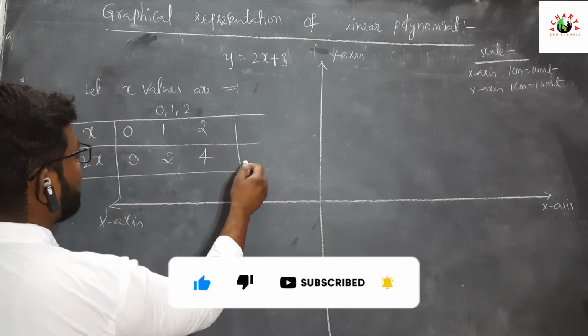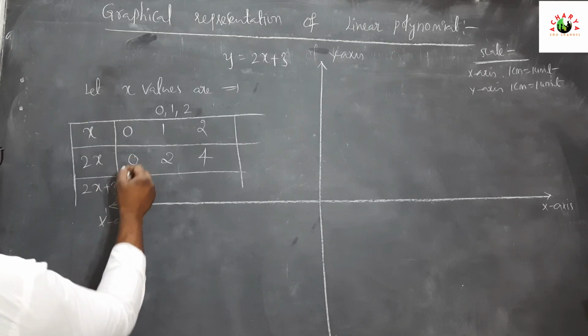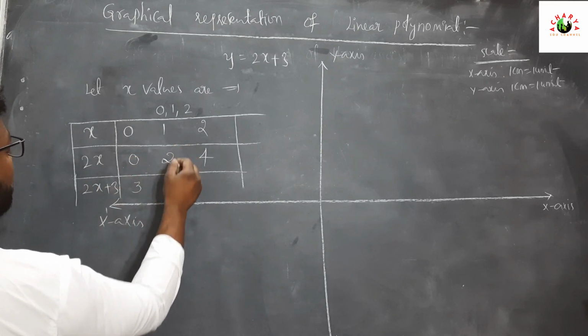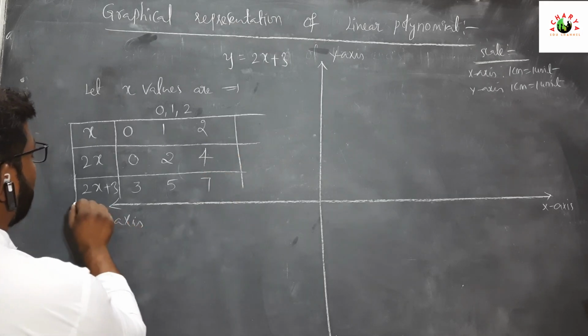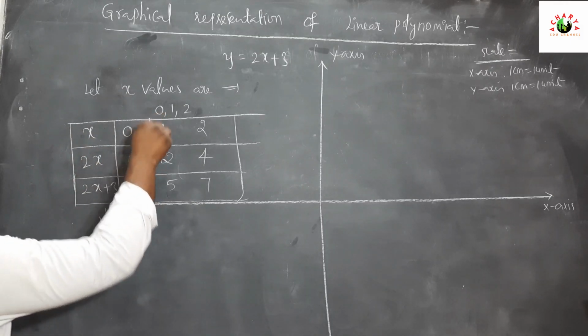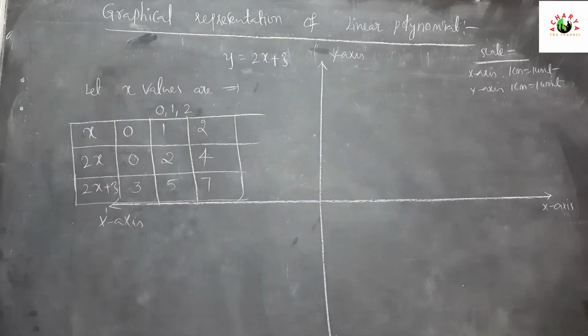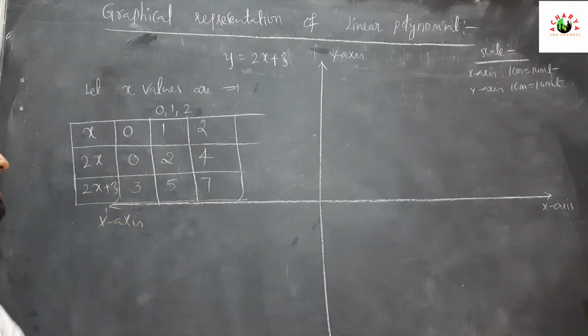The next is 2x plus 3, so we should add 3: 0 plus 3 is 3, 2 plus 3 is 5, 4 plus 3 is 7. So x values are 0, 1, 2, 2x values are 0, 2, 4, and 2x plus 3 values are 3, 5, 7.